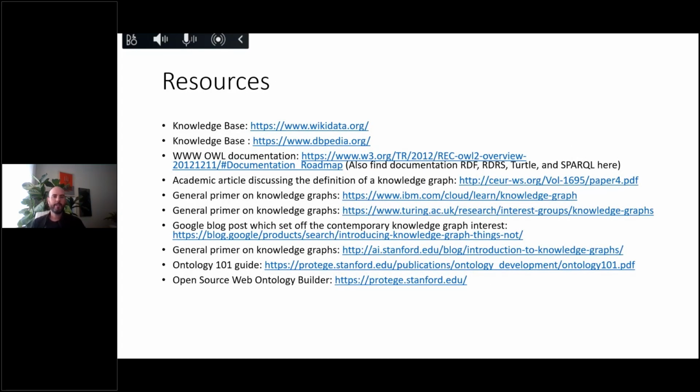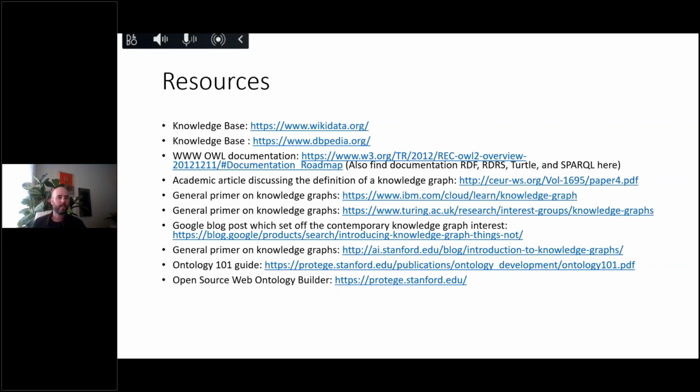There are a lot of really great resources online. I know that was a lot of information pretty quickly on knowledge graphs, but there's a lot of information online, with a lot of different perspectives and ideas. There are freely available AI algorithms which can be applied to different knowledge bases. There are primers, there are ontology builders. Here are some really great resources I would definitely recommend checking out if you're interested in this topic further. I linked to the original Google blog post, which kicked off the contemporary interest in knowledge graphs.